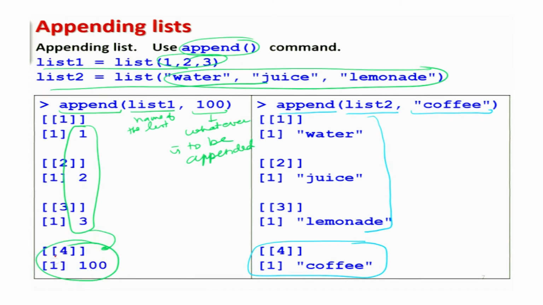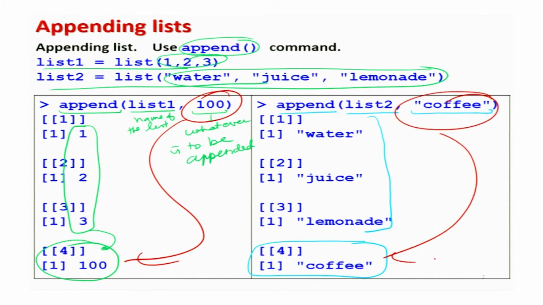One thing you have to keep in mind, which is very important, is that you have not given any location, so whatever you are adding simply comes at the end, either numeric or character. But now suppose you want to add these at a particular location.